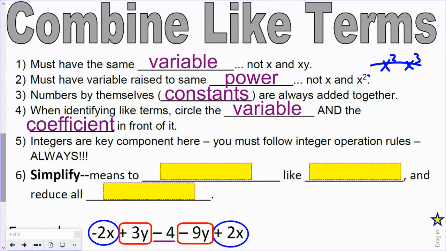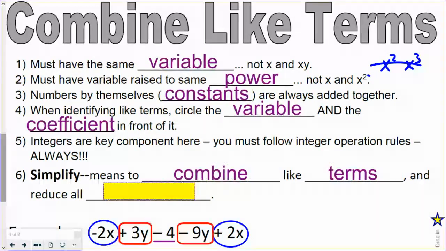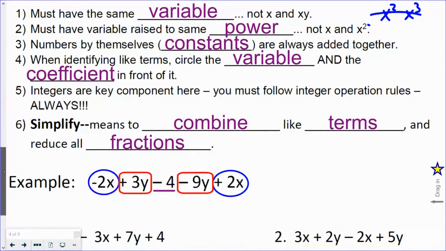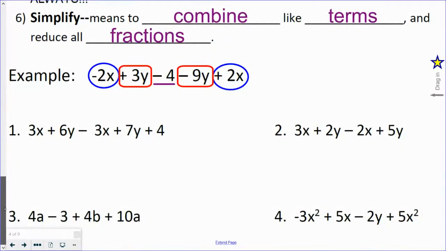So when we're combining our like terms, we still need to follow the same signs and keep different signs of track. Simplify means to compute or combine like terms and reduce all fractions, because we will eventually get to where we have fractions.